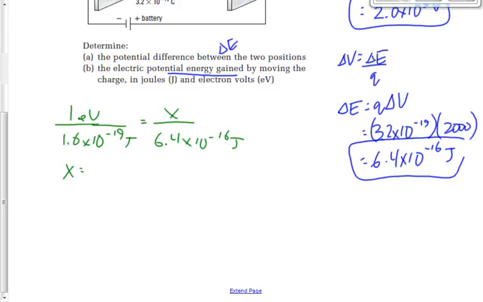X works out to be 4.0 times 10 to the 3 electron volts. Does that make sense? Does that conversion make sense?